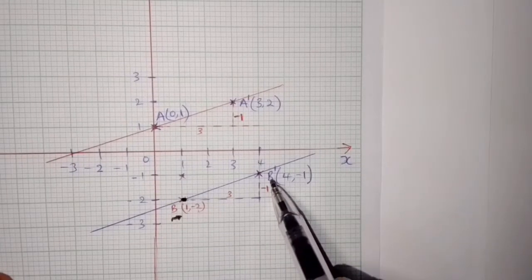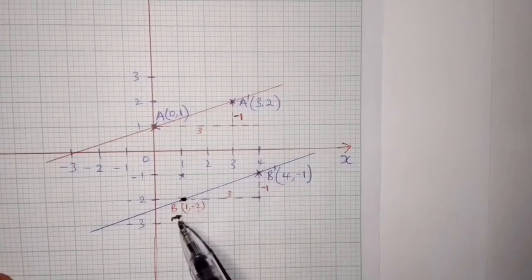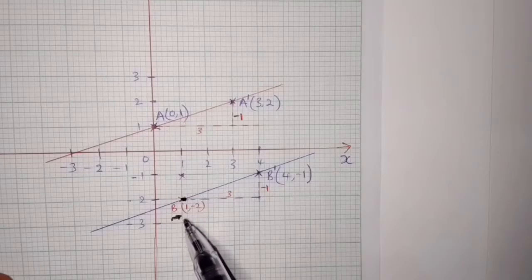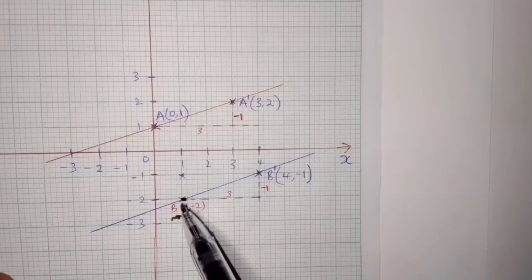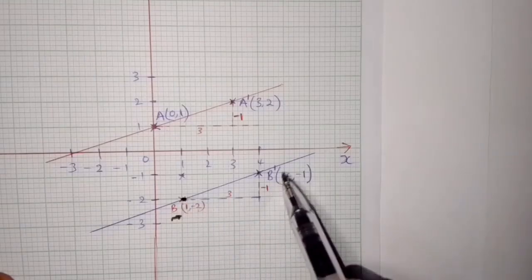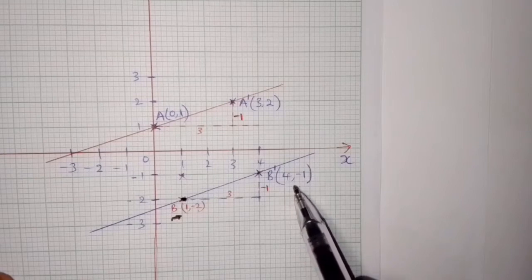We have been given B prime, but B we have not been given. So this B is the one that has been translated to B prime, that is (4, negative 1).